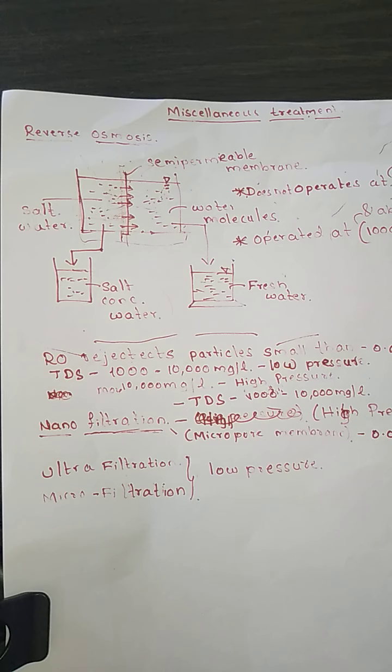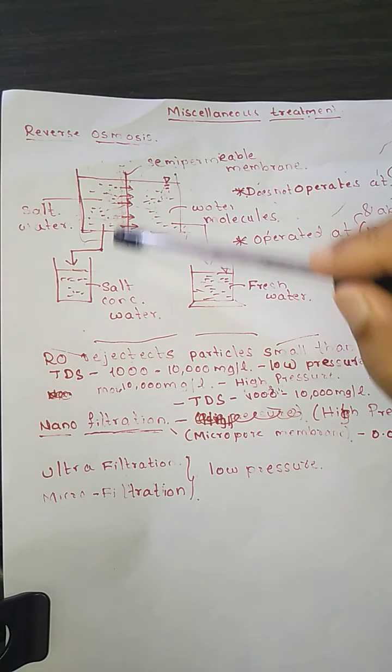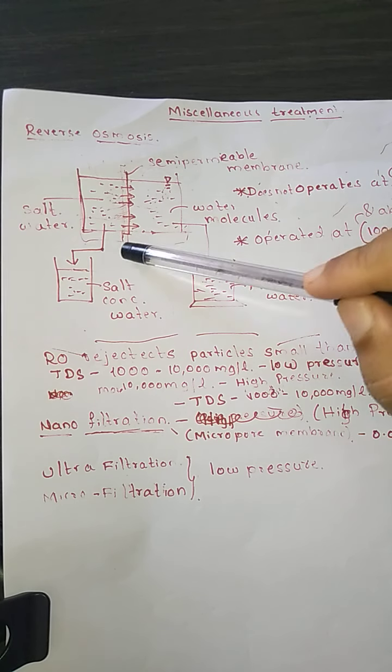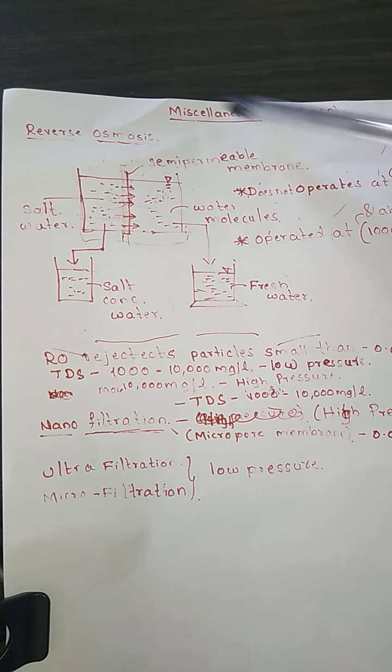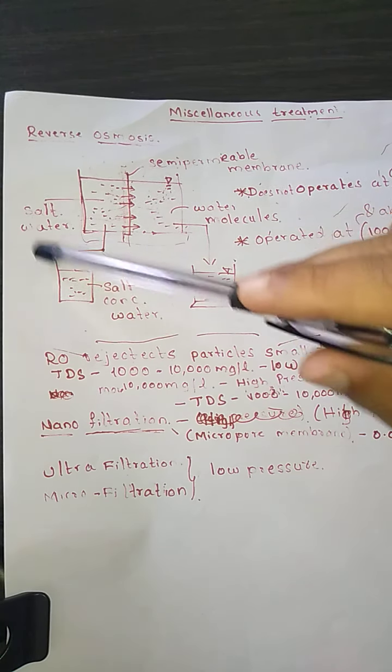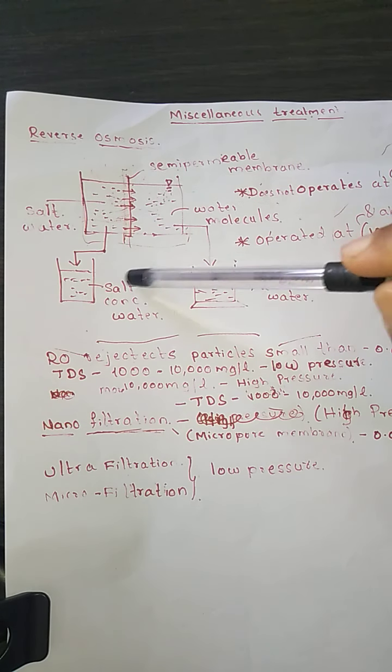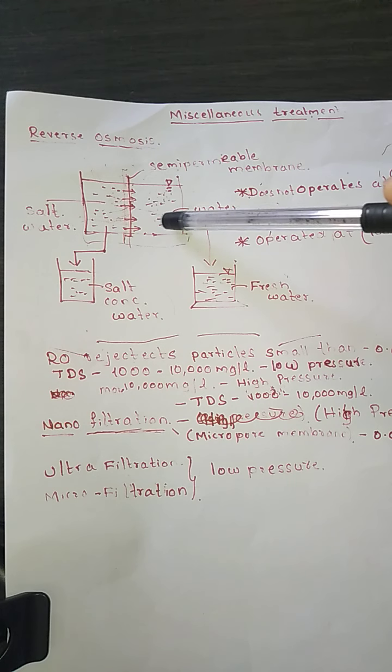In the reverse osmosis method, we will be using a semi-permeable membrane. Whatever water we are going to treat, the water from which hardness has to be removed, we pass it through the semi-permeable membrane under osmotic pressure.